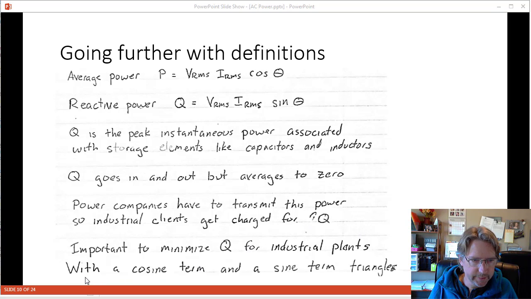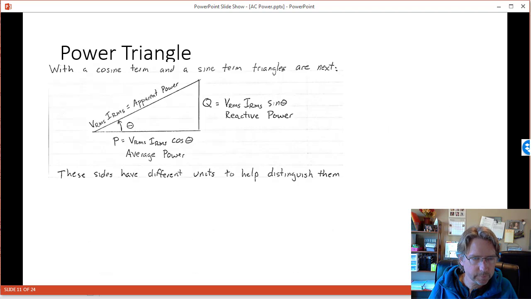All right, so you can see we have a cosine term and a sine term up here. They look like components of a vector or sides of a triangle, so that's what comes up next. This is the power triangle, and it's just a way to visualize the average power, the reactive power, and the power angle, which gives us the power factor.